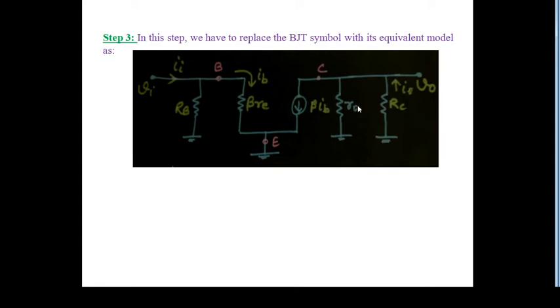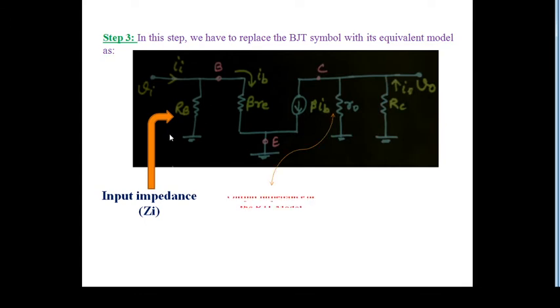In the BJT specification sheet, this R naught value will be given. So this can be the RE model of a fixed emitter bias configuration. So this becomes the input impedance, looking from the input side.